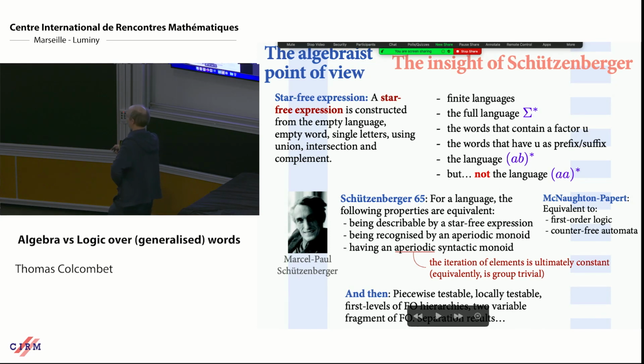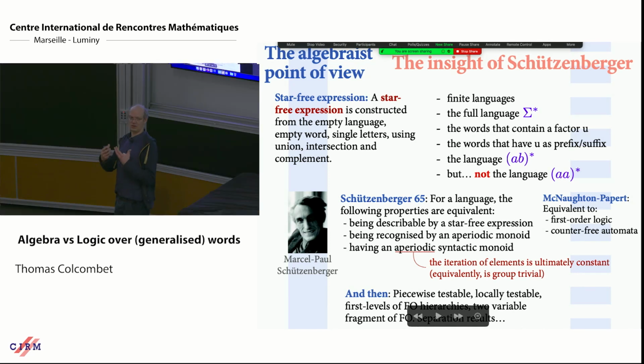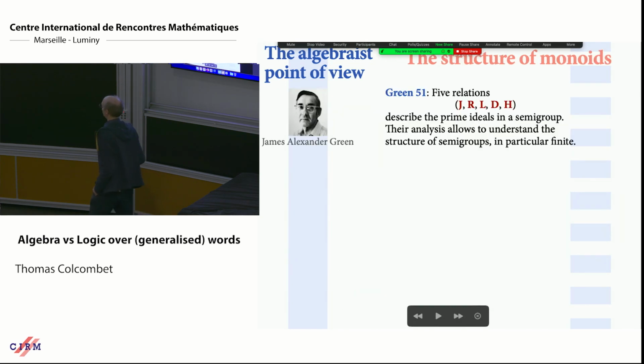You can have separation results, like given two regular languages, can you find a star-free definable language that would be larger than the first one and not intersecting the other. All these results rely on the fact that when you have this algebraic object and you look carefully at its structure, you can know a lot of things about what is expressed by the language. So this was the original insight of Schützenberger.